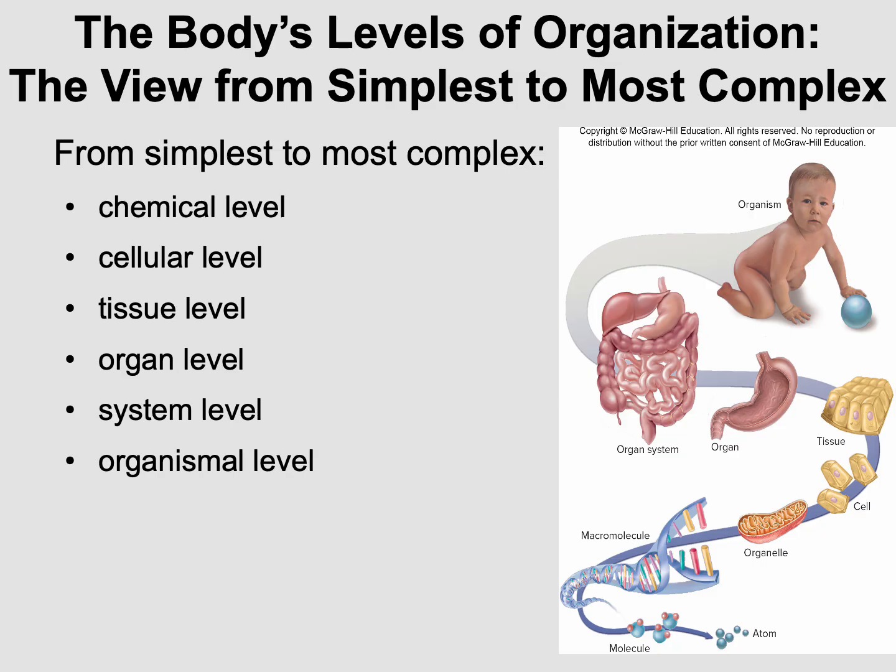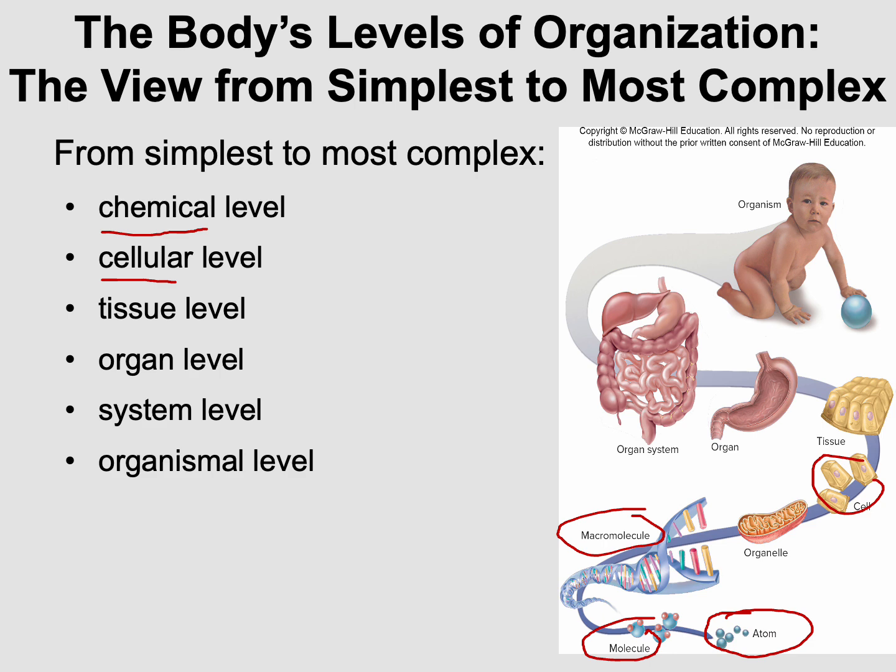So, the body levels of organization, from simplest to most complex. First, it starts with a bunch of atoms put together to make molecules, and the molecules are put together to make macromolecules, and so on to make cells. In other words, you put a bunch of chemicals together to make a single cell.